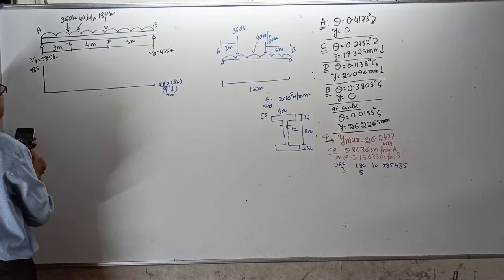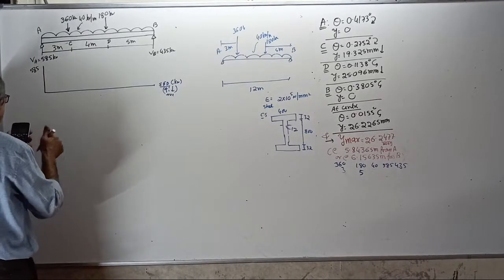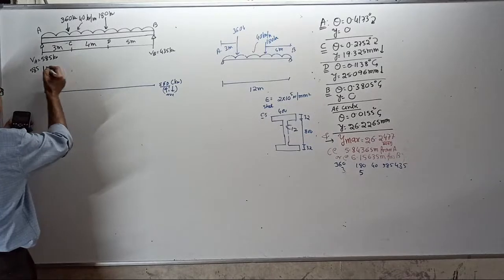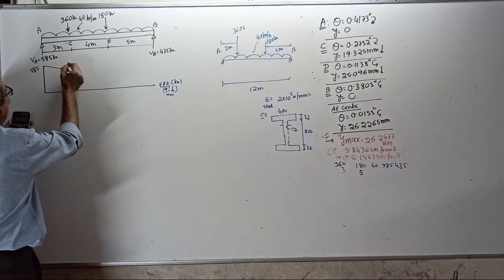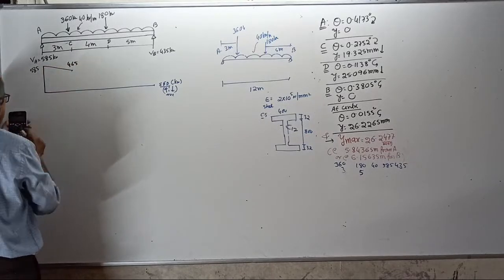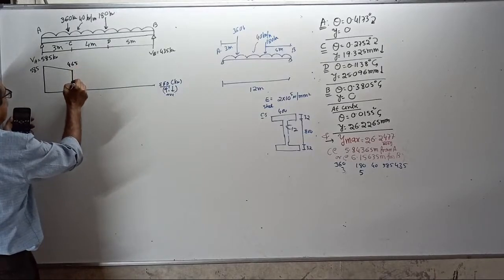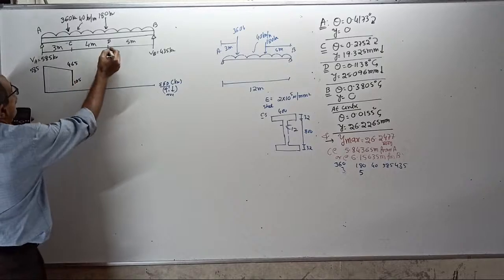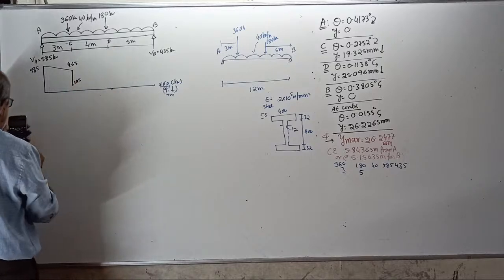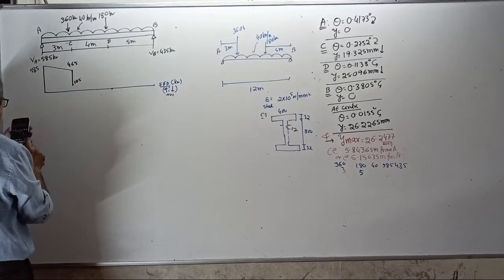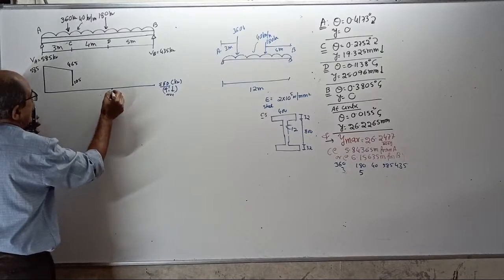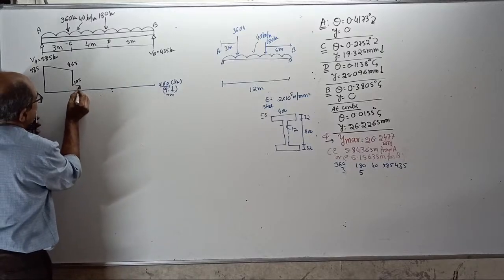585 minus 40 into 3 is 465 when you reach here. 465. Then down 360. 105 here. When you reach here, minus 40 into 4. 55, a small value. See, it will cross the baseline here.